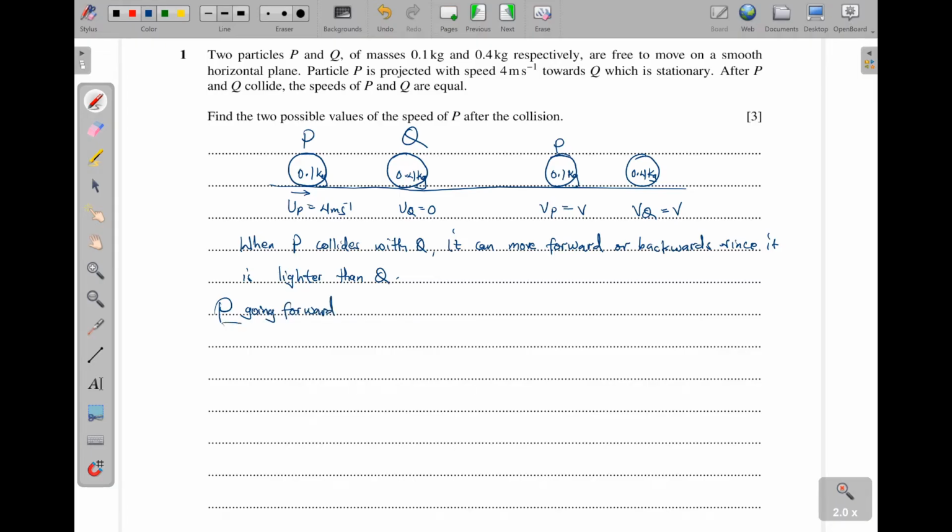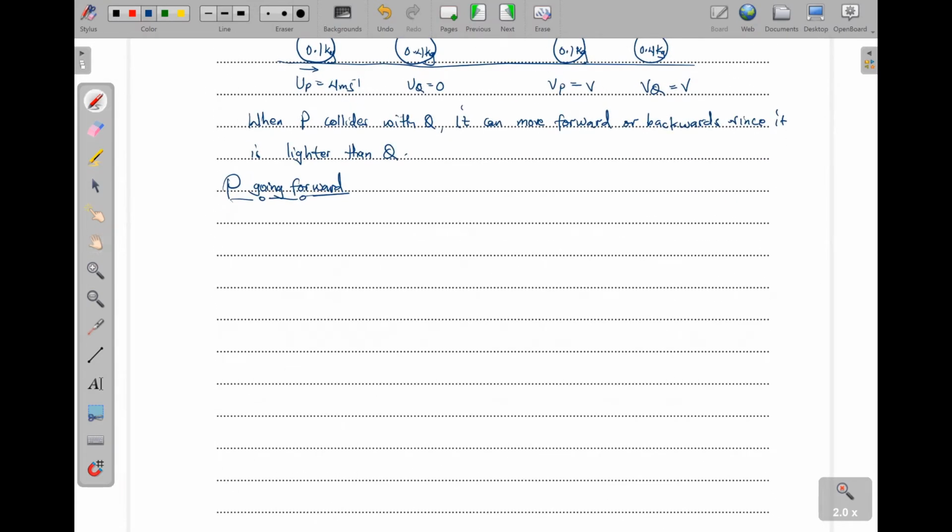We are going to use the principle of conservation of momentum, where momentum before collision is equal to momentum after collision. So MP UP plus MQ UQ is equal to MP VP plus MQ VQ. Now, mass of P is 0.1, times the initial speed of 4.